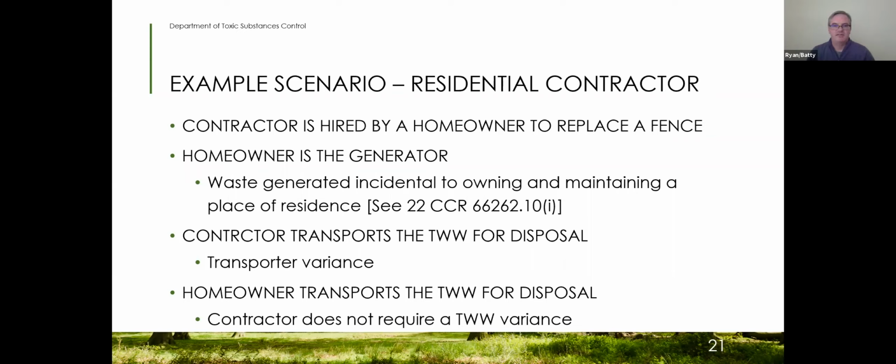I provided the regulatory citation there if you want to take a look at that. So that's the scenario: a contractor doing work in a residential setting, and the homeowner is the generator. If the contractor is transporting the treated wood for disposal, they would need at a minimum a transporter variance. And in the scenario where the homeowner is transporting the treated wood waste for disposal, obviously in that case, the contractor wouldn't need a variance because they'd be neither the generator nor the transporter of the waste. So next slide, please.